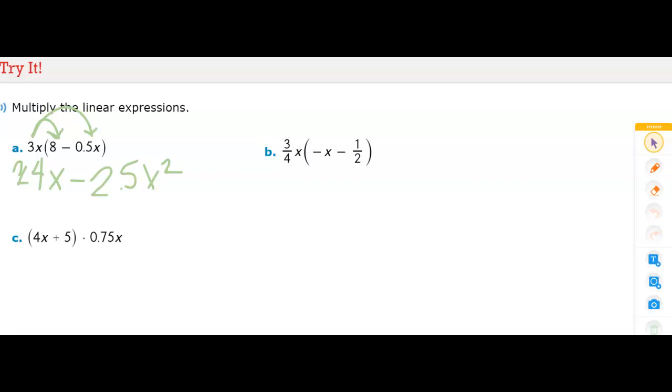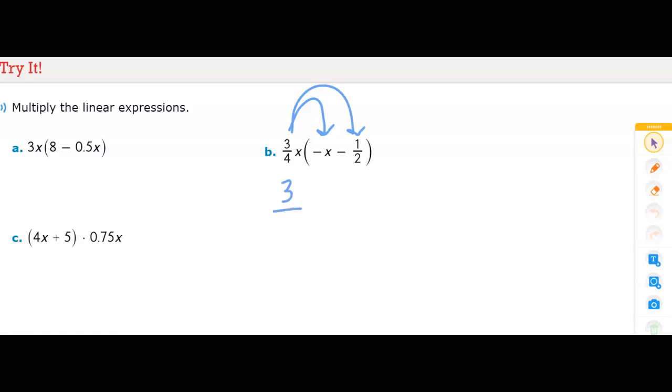The next expression, we have 3/4 times x times negative x, and then 3/4 times x times negative 1/2. So we have 3/4 x squared, and that would be negative because of the negative in front of the x.